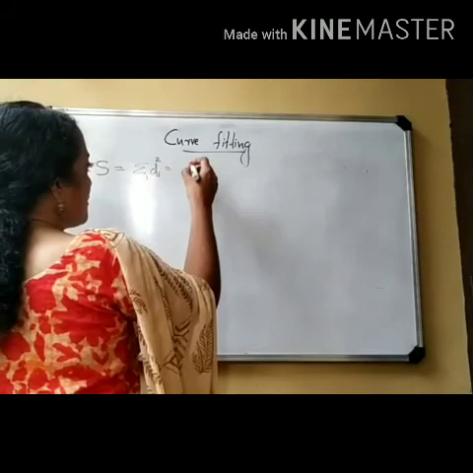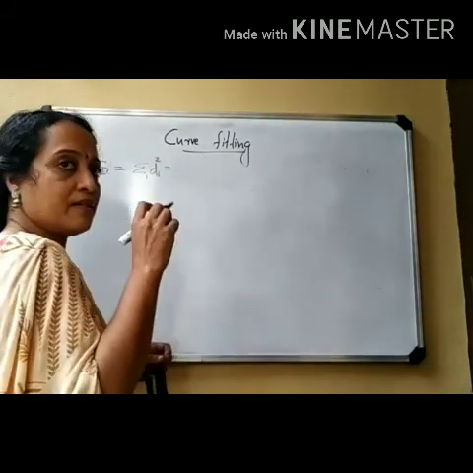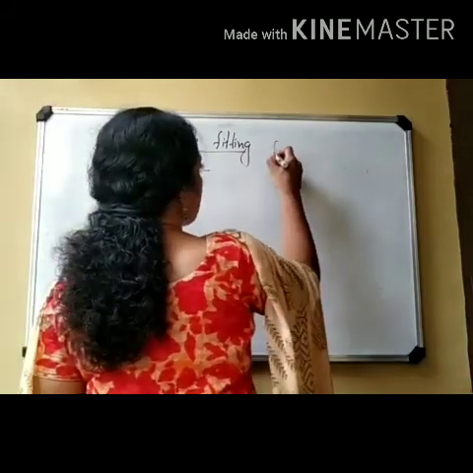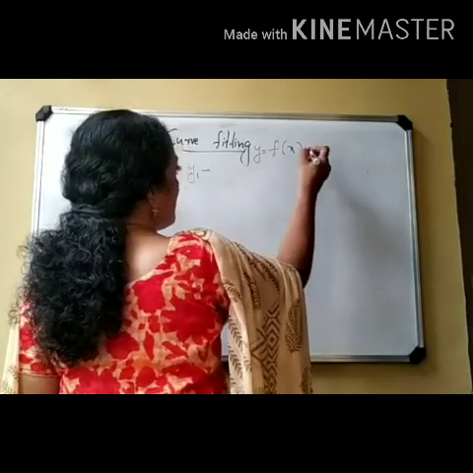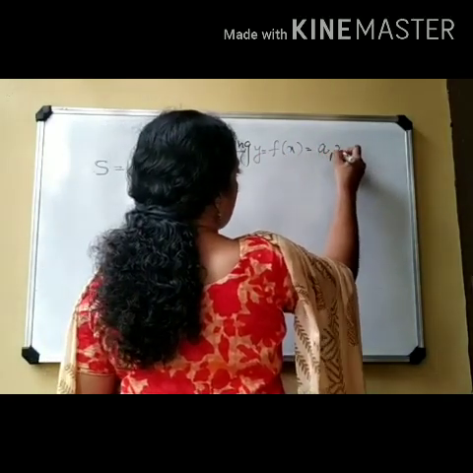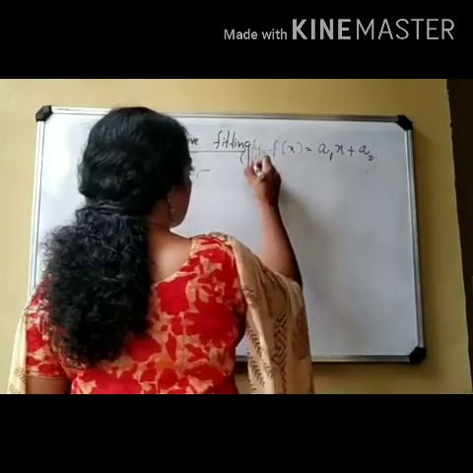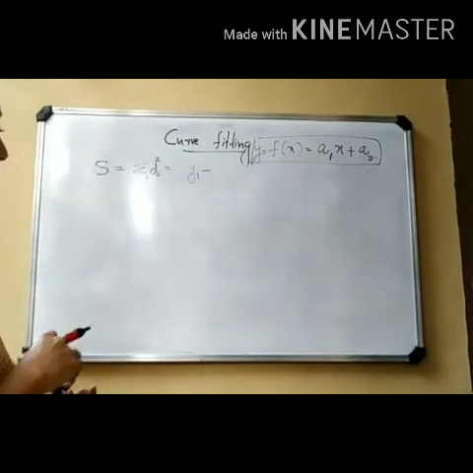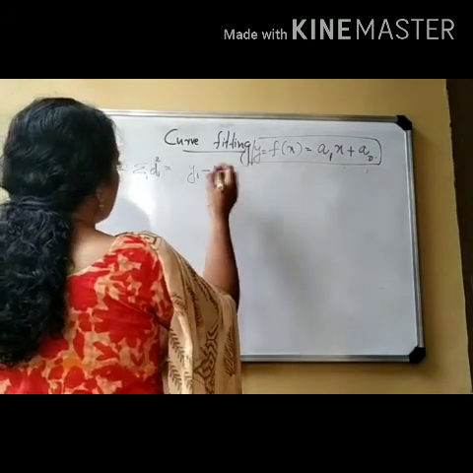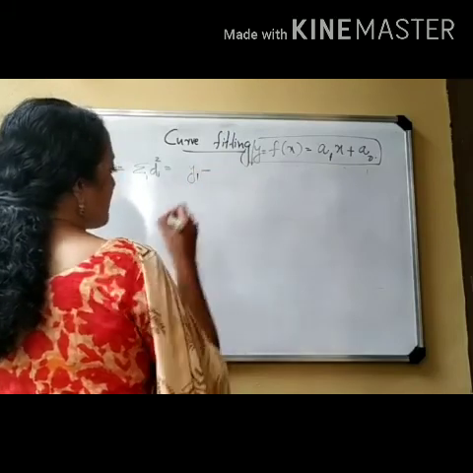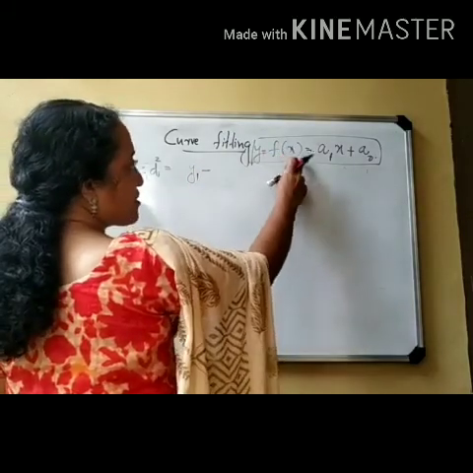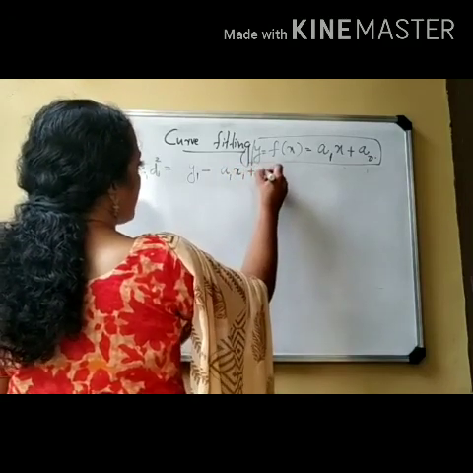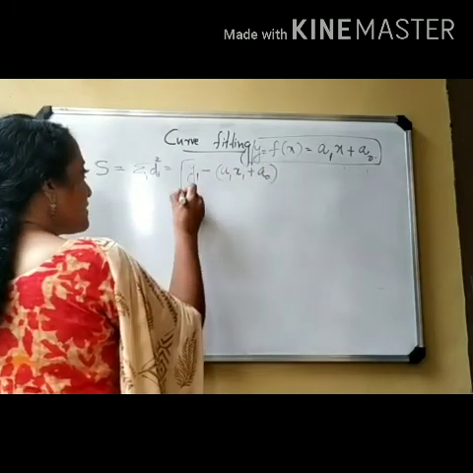up to dn. So the first term will be y1 minus, our function is f of x. Y is equal to f of x is equal to a1 x plus a0. This is the linear function that we use to fit. So y1 minus, this is the experimental value minus functional value. Functional value is a1 x1 plus a0. So this is d1.